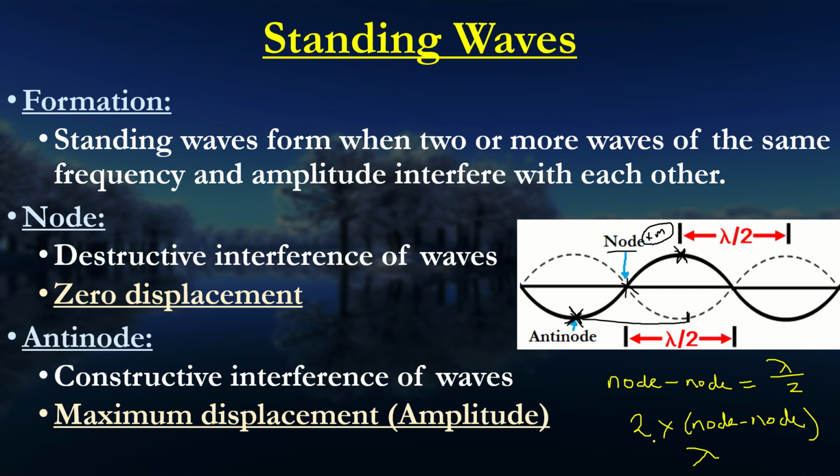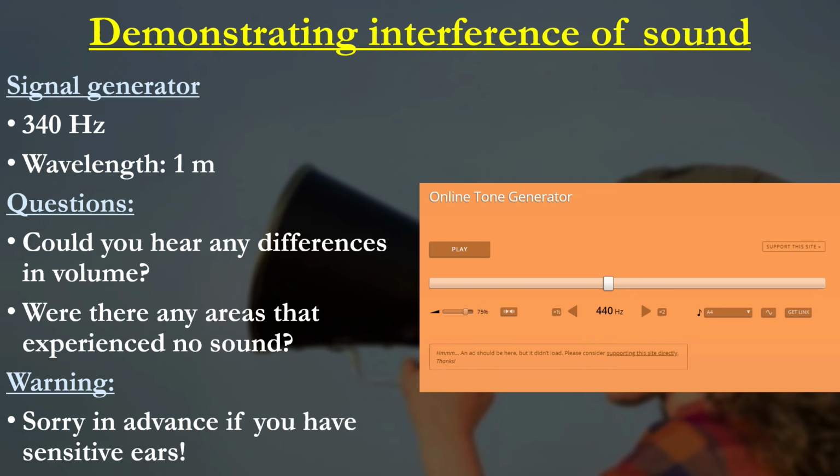What I was saying before is if I know the frequency of the source that I'm generating, and I also know the wavelength, I can work out the speed of that wave. Okay? So I'm going to show you a nice little thing here. We're going to use a signal generator of 340 Hertz.